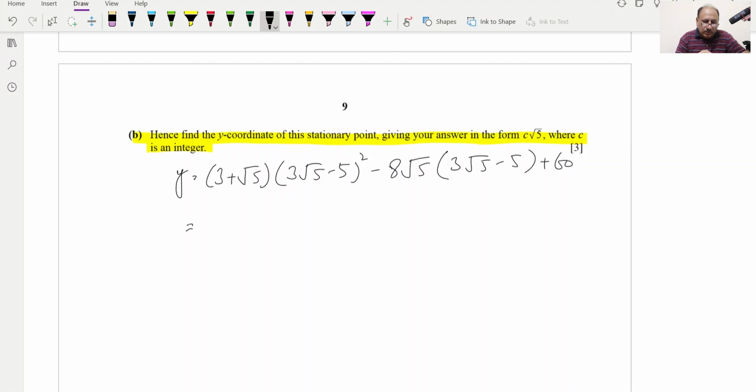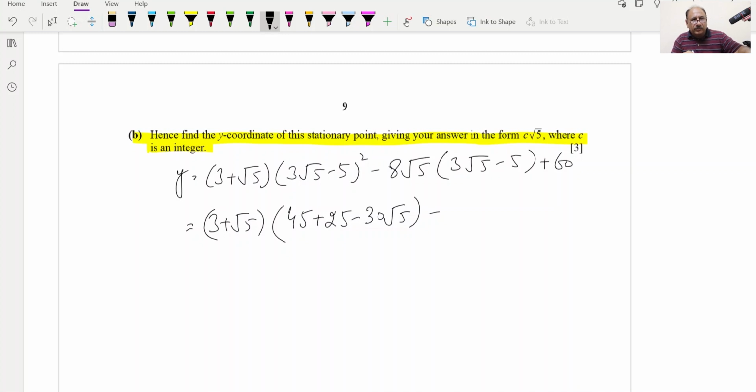So if we write again like this one and open the square, it will be 9 into 5 will be 45, a square, and plus b square will be 25, 5 square will be 25, minus 2ab will be 30 under root 5, and minus we can write this as 8 under root 5.